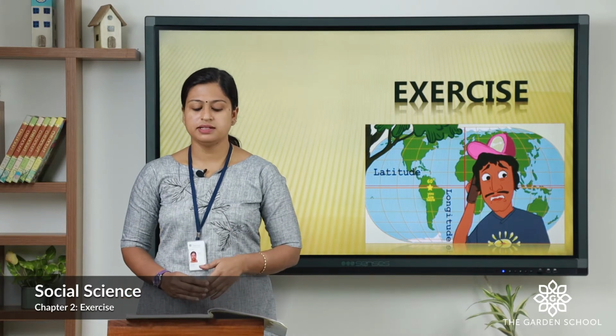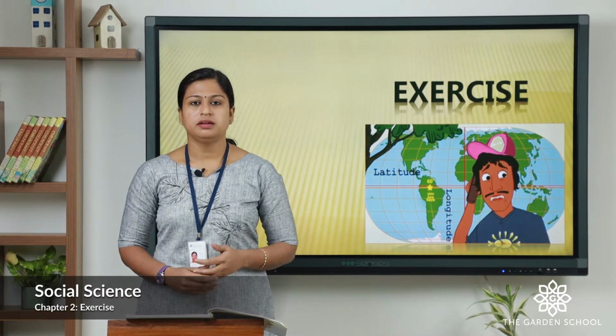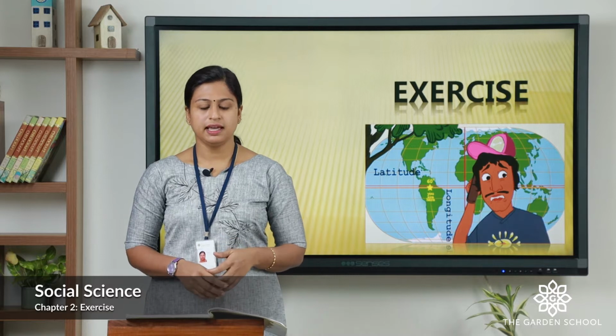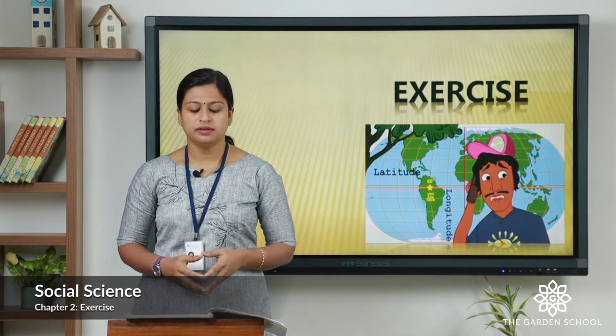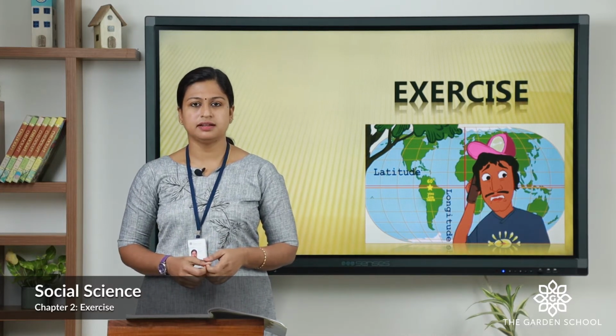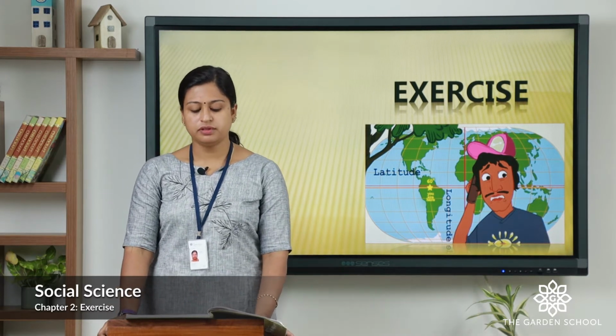On one side you can see: first, equator; second, prime meridian; third, Arctic Circle; fourth, Western Hemisphere; fifth, Tropic of Cancer.